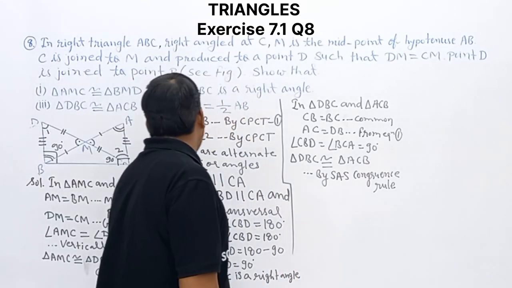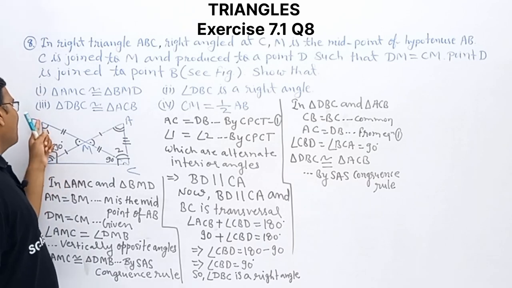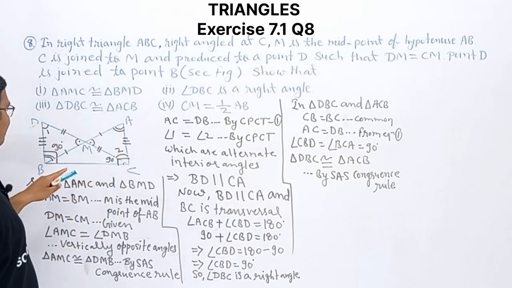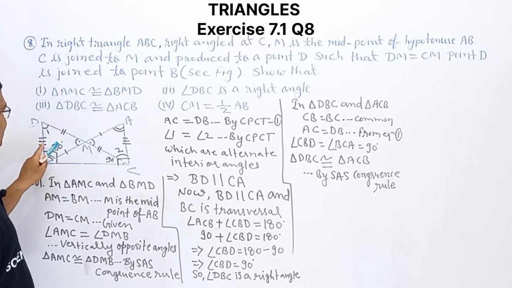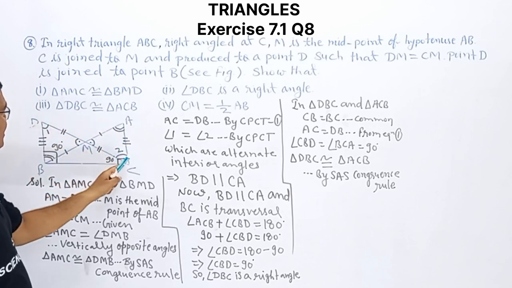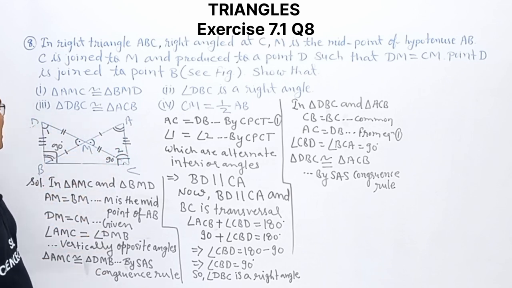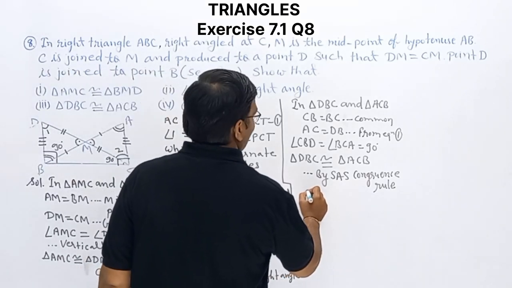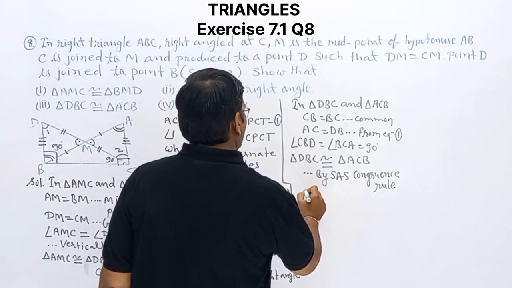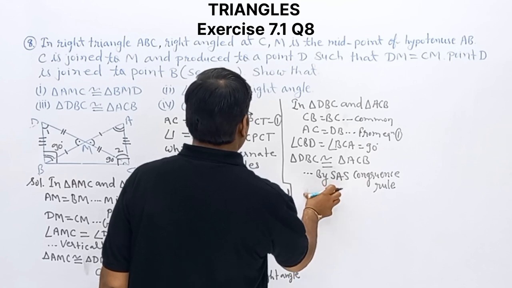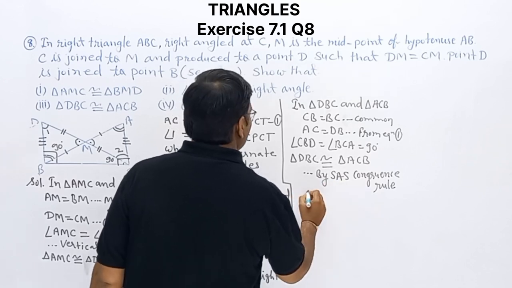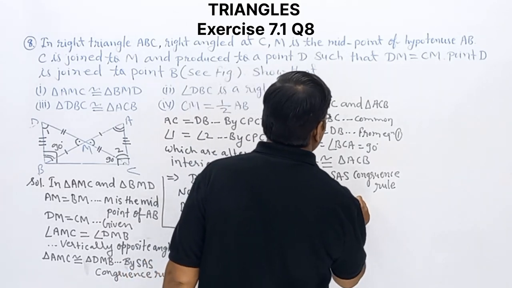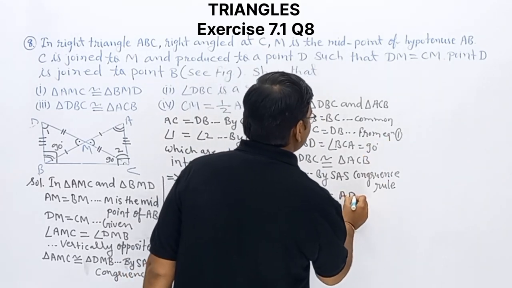Once this triangle is congruent to this one, this side is common in both and this one is equal to this one, so automatically the hypotenuses of these two triangles will be equal. So first I am writing DC equals AB.